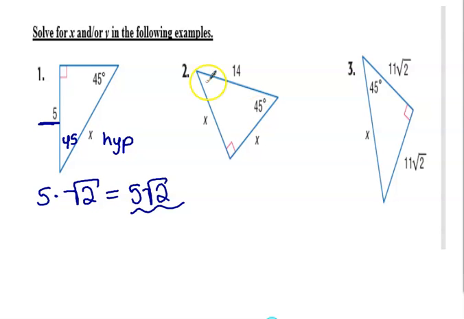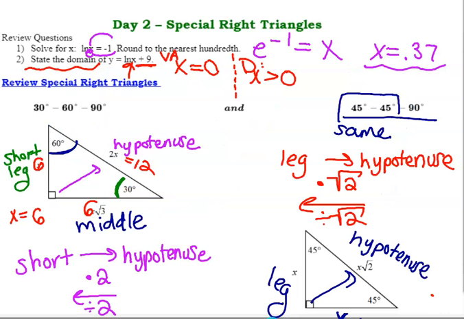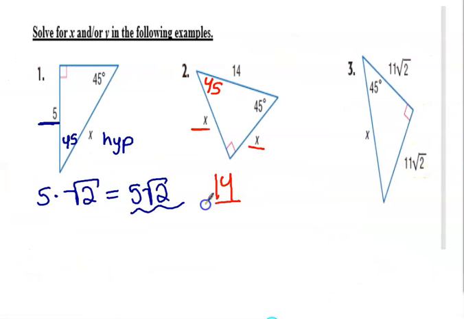Now, this one's 45, therefore this is 45, and these x's are the same. Across from this is the 14. So I have the hypotenuse, and I need to find the leg. If I'm going from hypotenuse to leg, I need to divide by √2. So this is when I have to do my rationalizing.